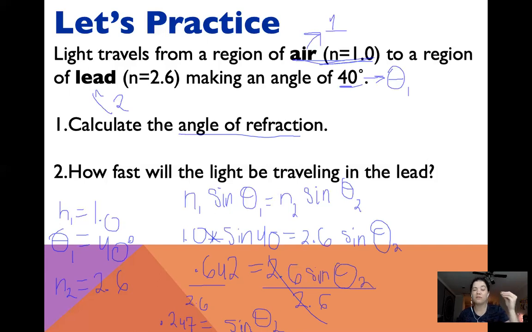We use inverse sine. So on your calculator, you look at the sine button, and you see in yellow on mine it says sine to the -1. That's your inverse sine. If you were using your phone calculator, same thing, right? There's the sine button, and then above it is that sine -1.